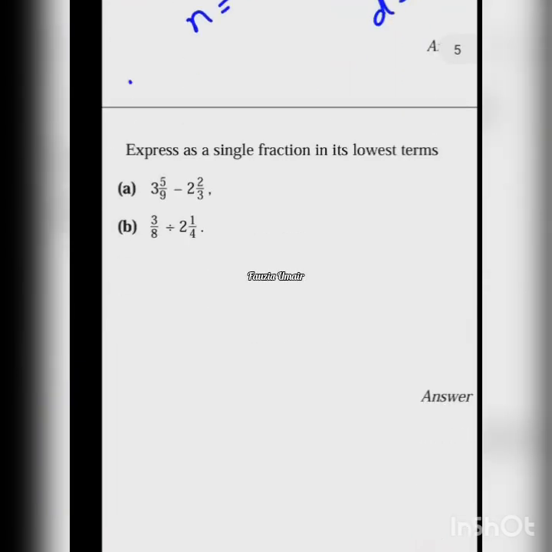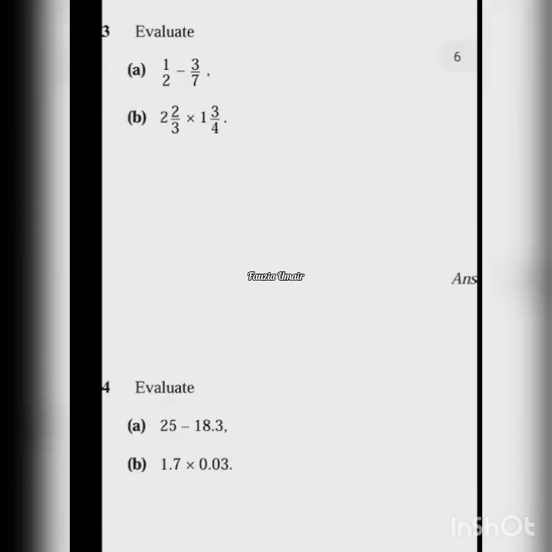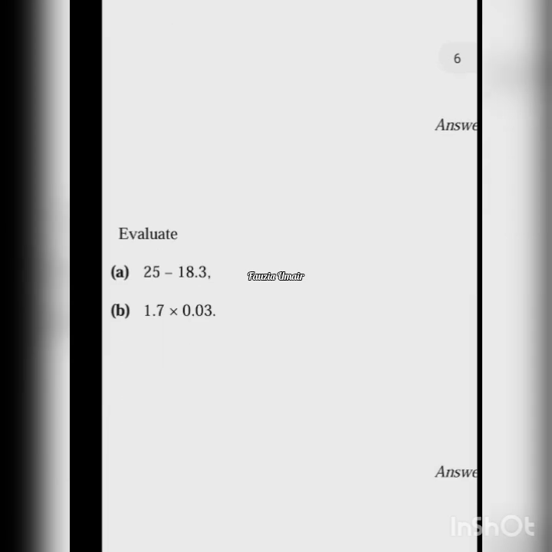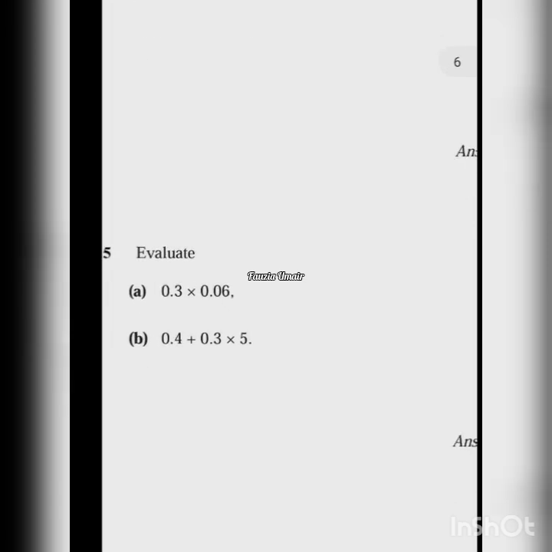Next question is again the same. These questions are taken from past papers of different years. You can solve it, I will share it with you. Evaluate, you can also solve. B part is 1.7, one decimal and two decimal, you know how to do that. All right, let's discuss the B part quickly. First, 0.4 plus 0.3 multiply by 5.